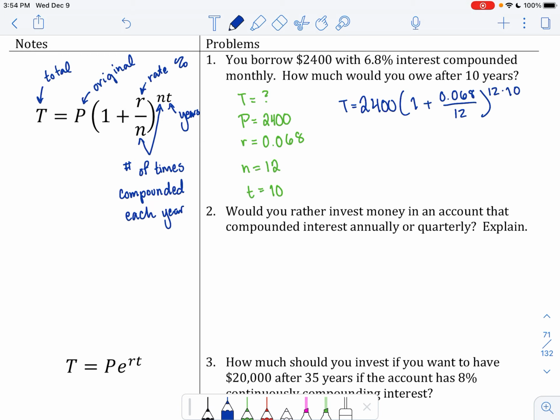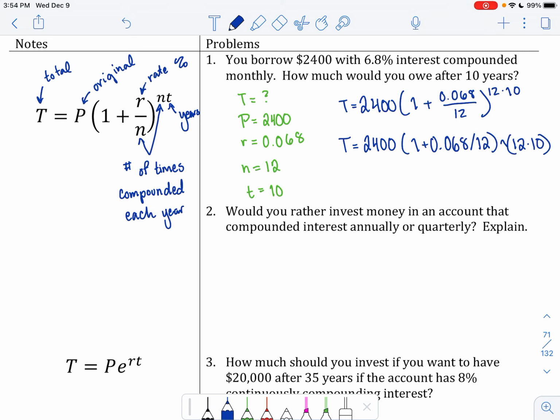Now your calculator, some of you will let it enter in like this, some of you won't. So what I would recommend that you are always careful of with this type of problem is where you put your parentheses. The first ones are going to be just fine on your calculator, and you can just type them in as they go. Now the thing here is that if you do this, you're going to get the wrong answer.